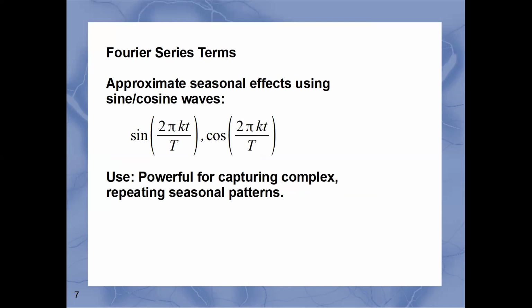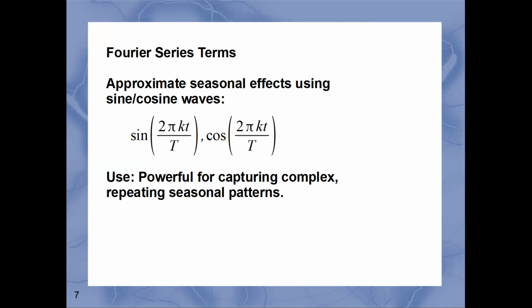We also can use things like Fourier series terms. So these approximate seasonal effects using sine and cosine waves. So for example, if we were to take the temperature in New Jersey, we would see that it gets hot in the summer and cold in the winter, and hot in the summer and cold in the winter. And if we were to look at the monthly averages, this would approximate a sine wave.